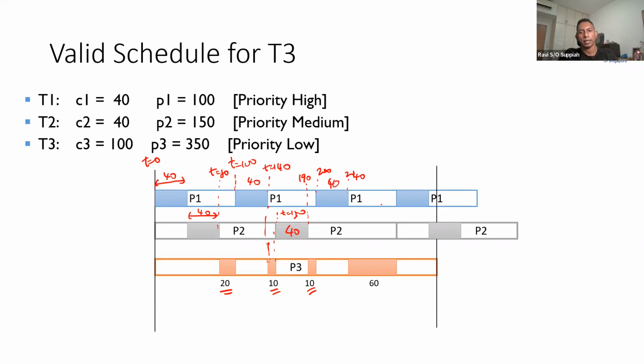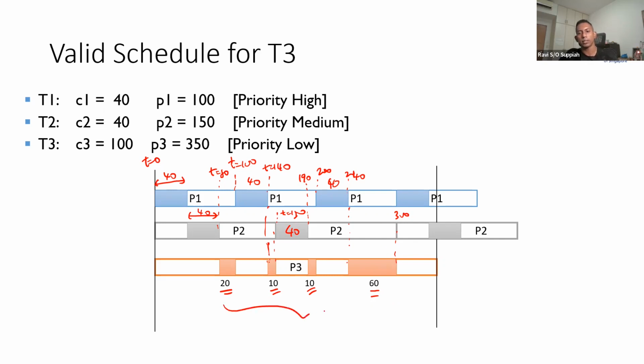Okay, and the next interval of task 2 happens when? So this is 150, so the next interval happens at 300. So from 240 to 300, I actually have a gap where task 1 is not using the CPU, task 2 is also not using the CPU. So I have another 60 units of time to actually use the CPU.